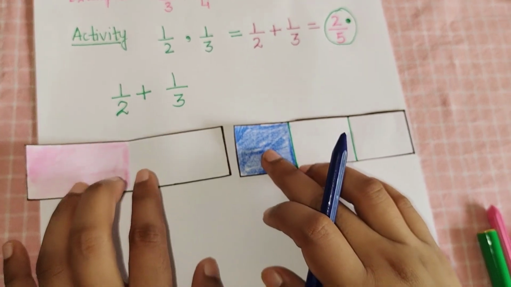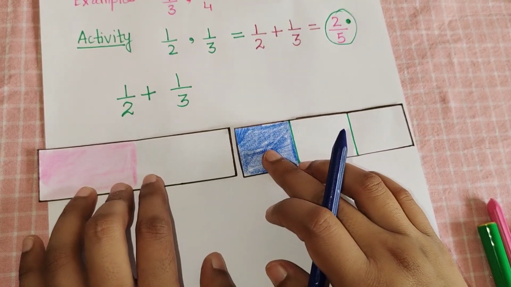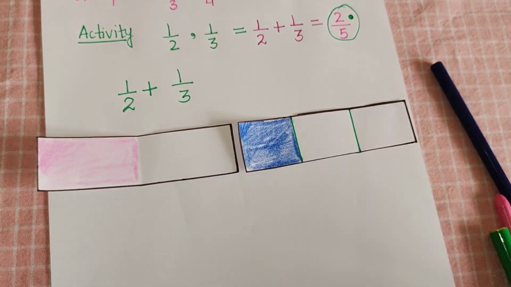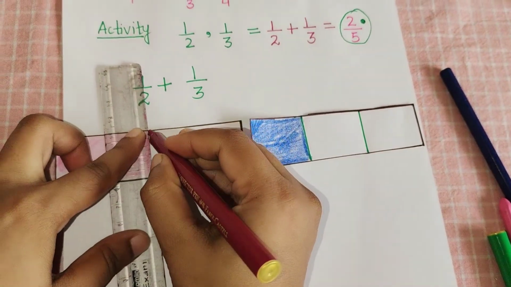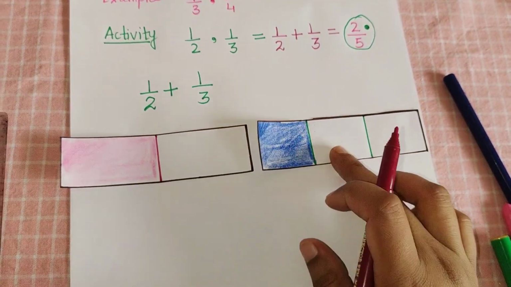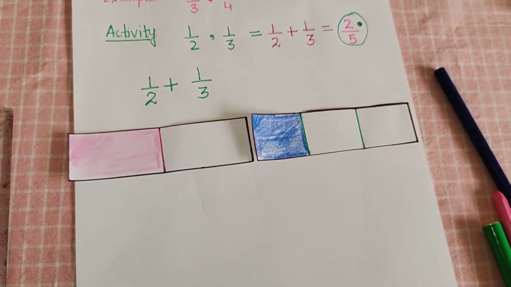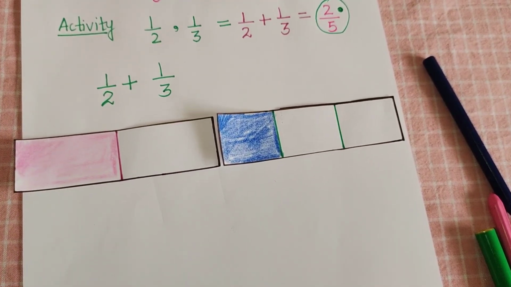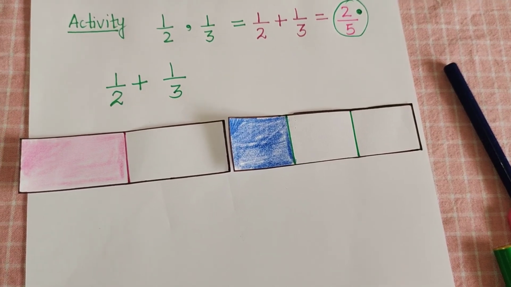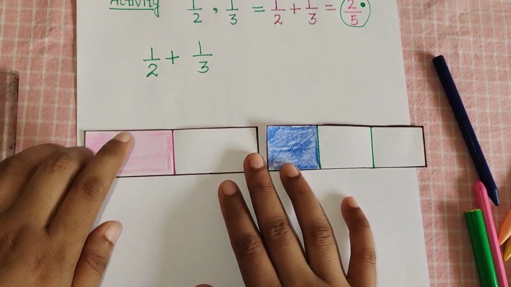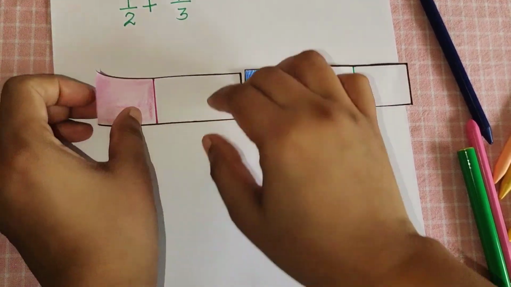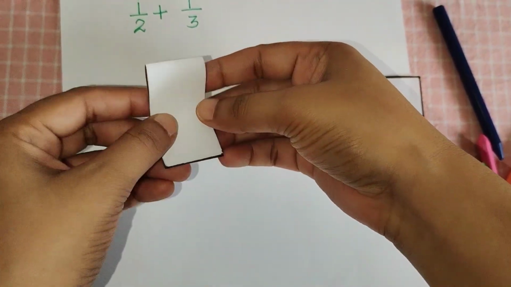Now if we are going to add them, these are not at all equal. It has 2 parts and it has 3 parts. So for that we require equal regions. Now children, to make it equal, 1 by 2, we are going to fold it into one more part.